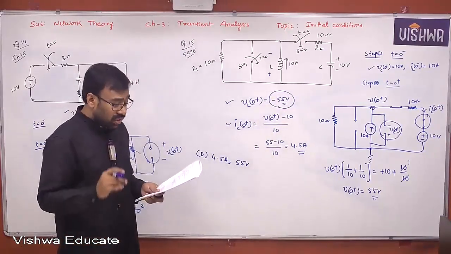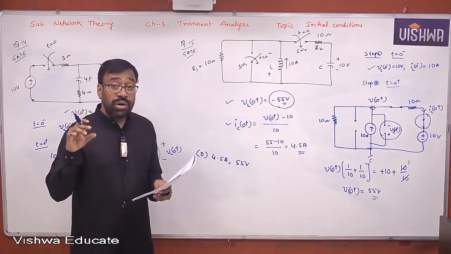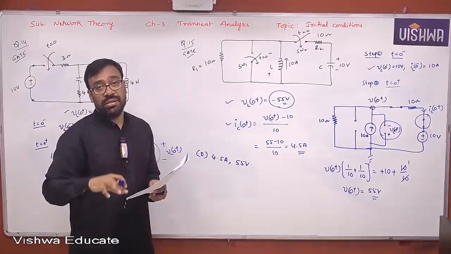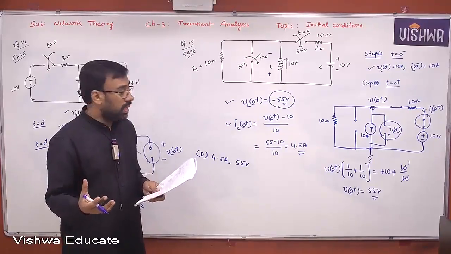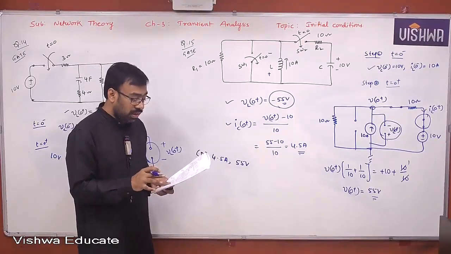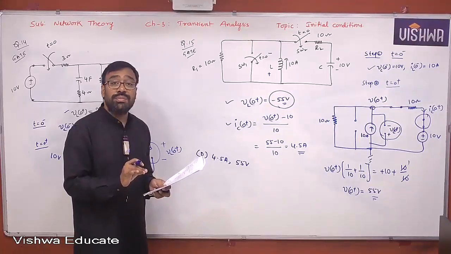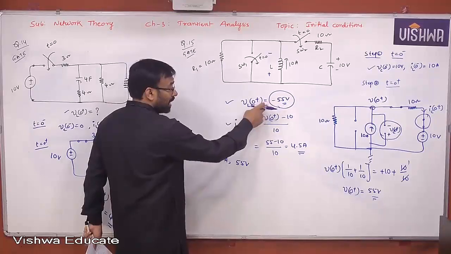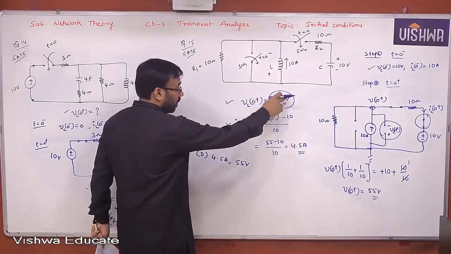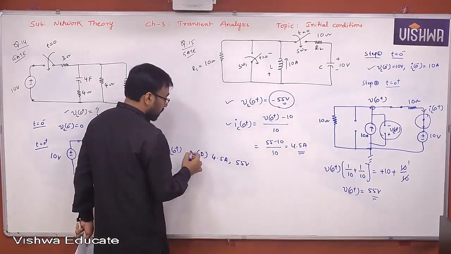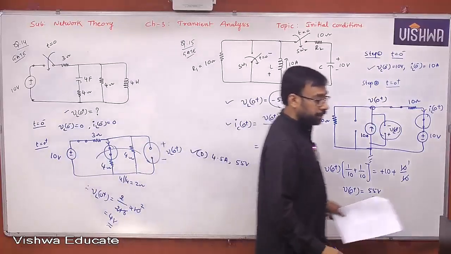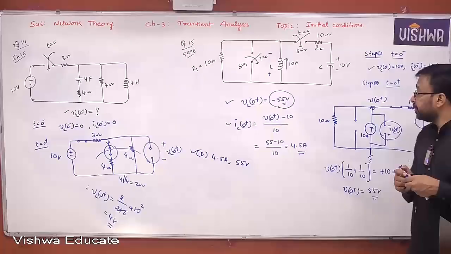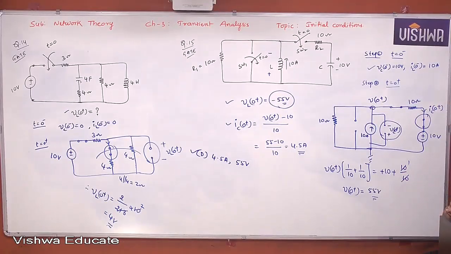But the question is not asking with polarities, he is not worrying about the polarities. And there was no option given with minus 55 volts. Therefore, let us ignore this sign to answer that question, and keep it as 55 volts and 4.5 amperes. Go with option D. Understand, all of you? This is how you need to construct, as I told you.